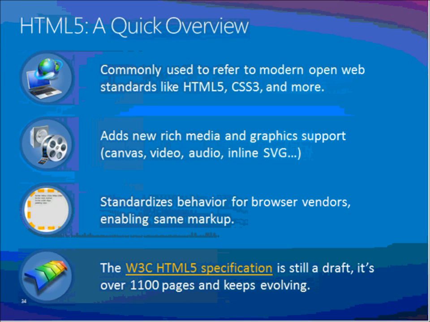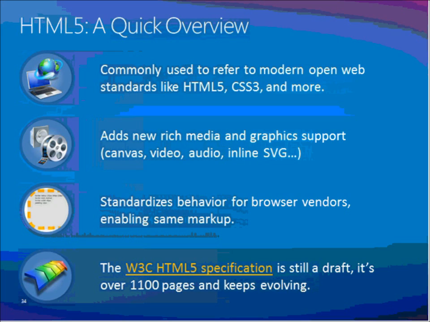So let's take a look at HTML5. HTML5 has turned into a bit of a word that means a lot of things to a lot of different people. Typically, they mean that they're talking about the collection of new web specifications that enables next-generation web applications.